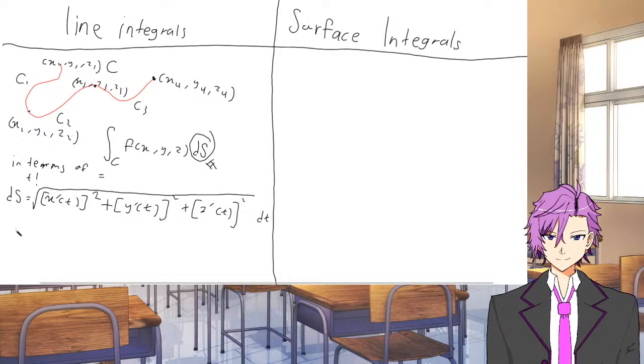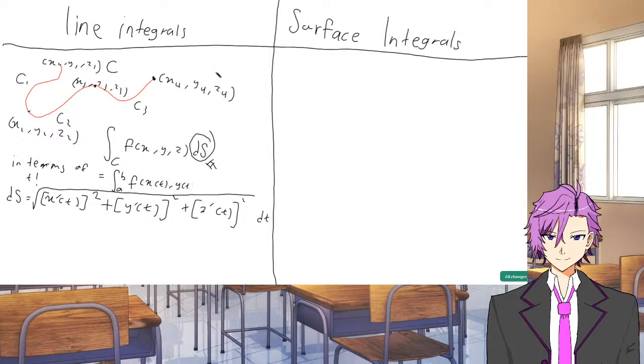So therefore, just to make things a bit shorter for ourselves, we'll do x from a to b. Now the f, since we're doing this in terms of t, would be x(t), y(t).